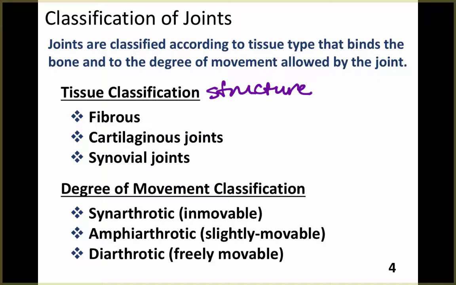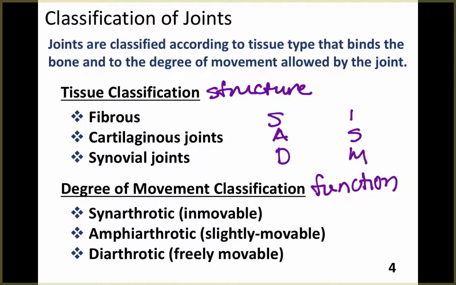And the degree of movement classification down here, which is function, which is synarthrotic, which is immovable, amphiarthrotic, which is slightly movable, and diarthrotic, which is freely movable. And if you remember on here, I gave you a hint of how you can remember these by using sadism, right? So synarthrotic goes to immovable, amphiarthrotic goes for slightly movable, and diarthrotic goes for movable.